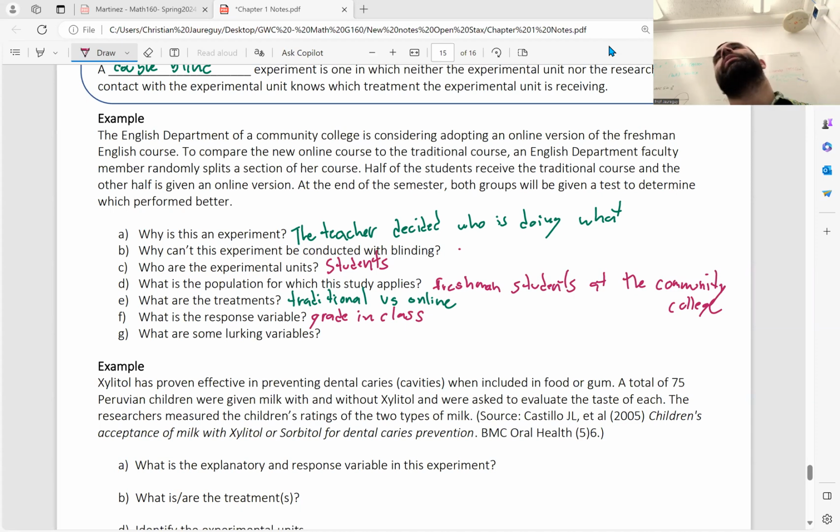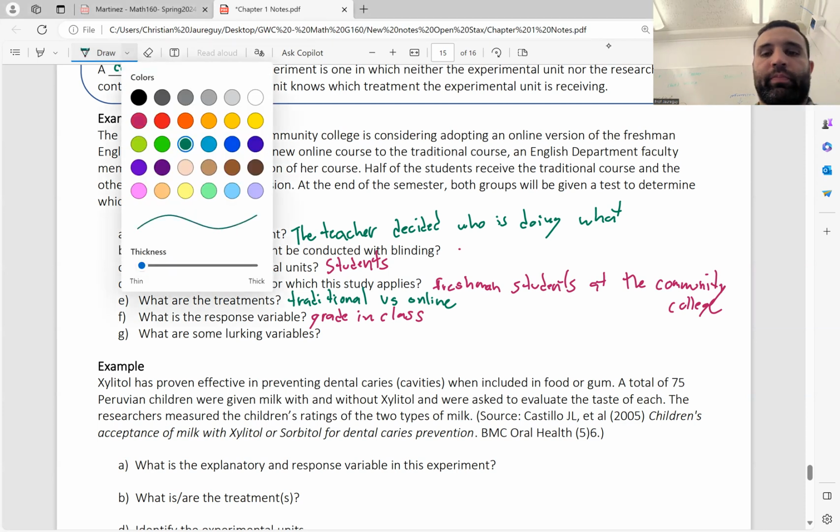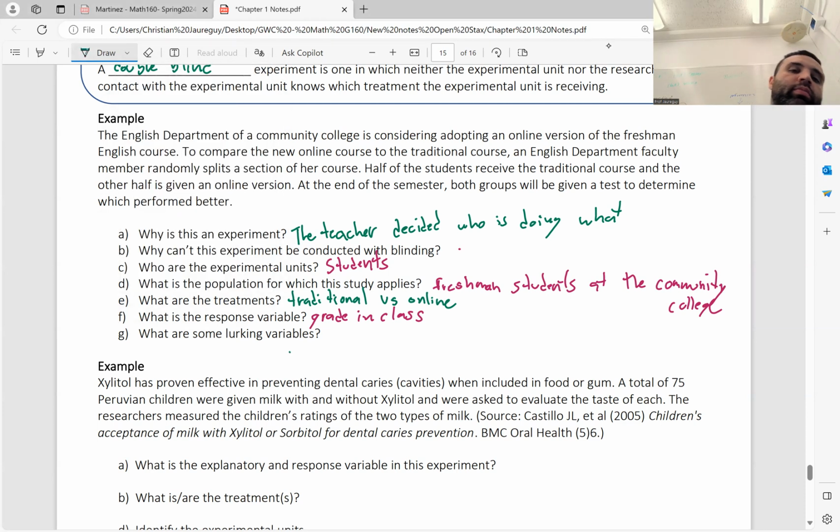I'll admit I don't love this problem for lurking variables because many of the lurking variables are the things I'm hoping for, but some of the variables could be, assuming the lecture is the same for the new online course compared to the traditional course, a quiet place to listen to lecture. Some people need to come to the classroom because they don't have the luxury of a nice place to study.